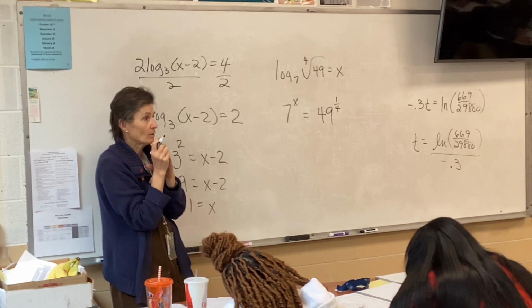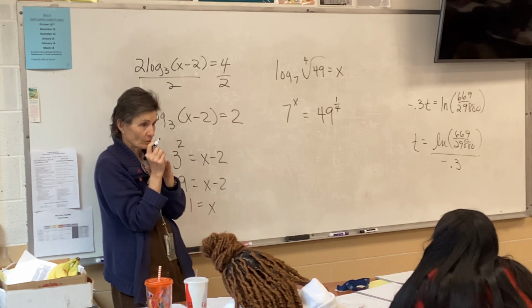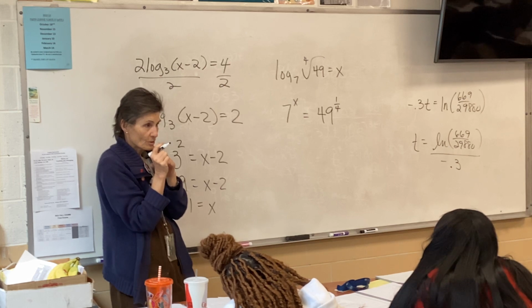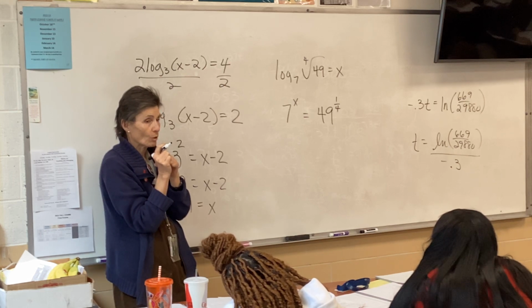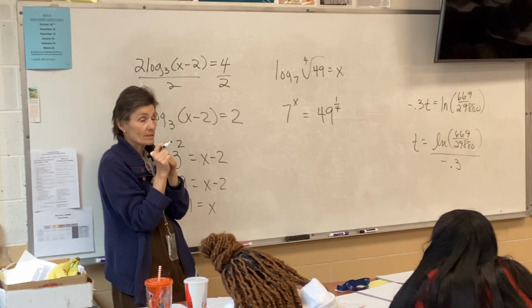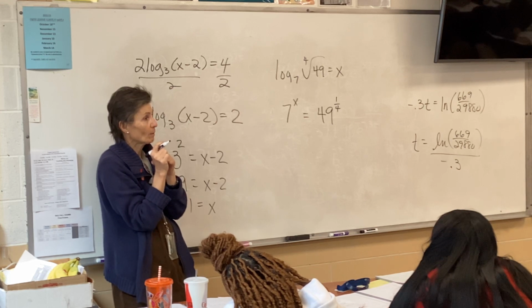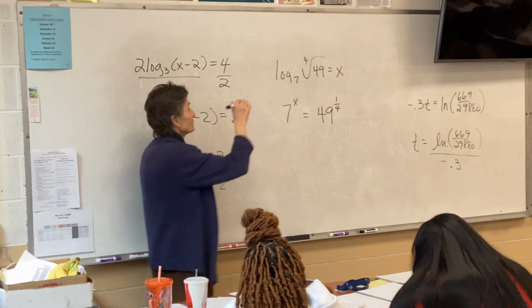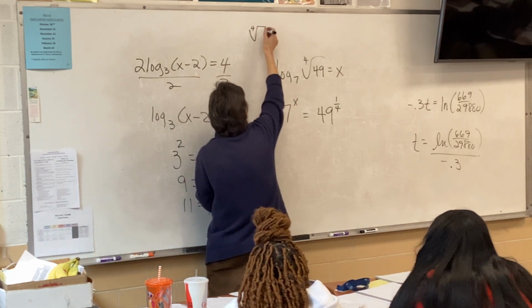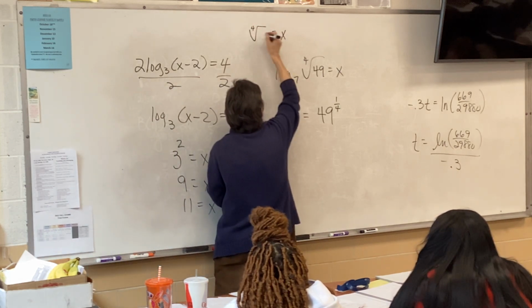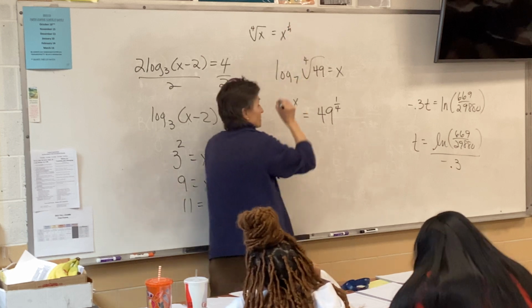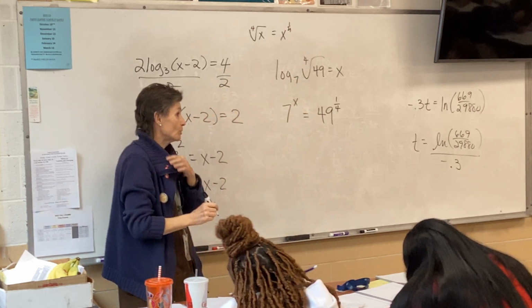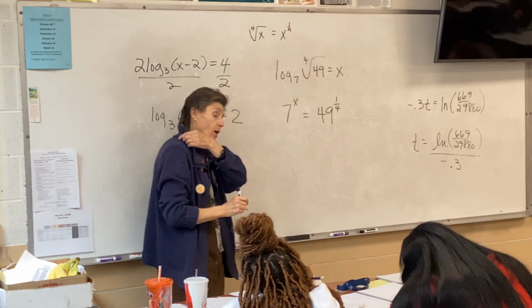A radical is a fractional exponent. Isn't a 4th root the same as a 1/4 power? We need to know that radicals are fractional exponents. So a cube root is a 1/3 power and so on.